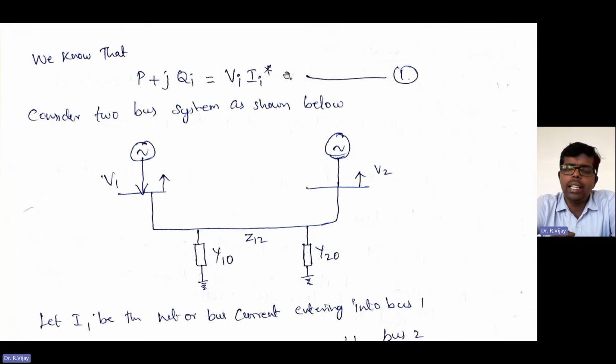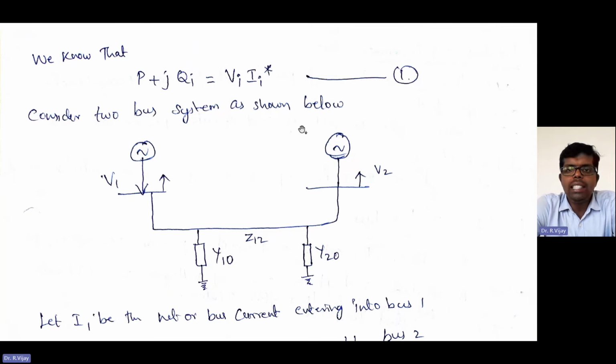Because if you see the loads, the majority of the loads are inductive loads. Only a few are capacitive loads and a few are resistive loads. So for inductive loads, the phase angle will be negative. Okay, so delta I will be negative. So we are taking here VI into II star.